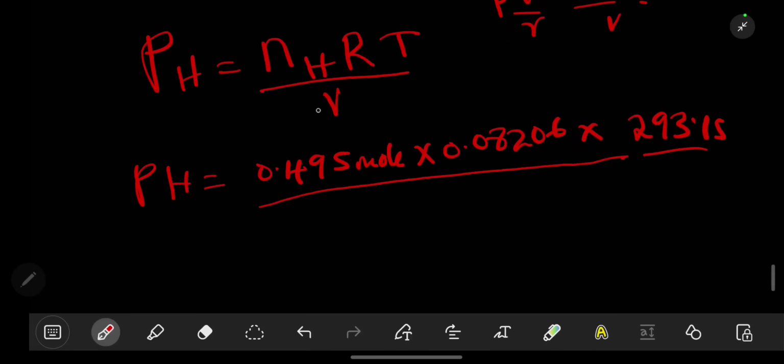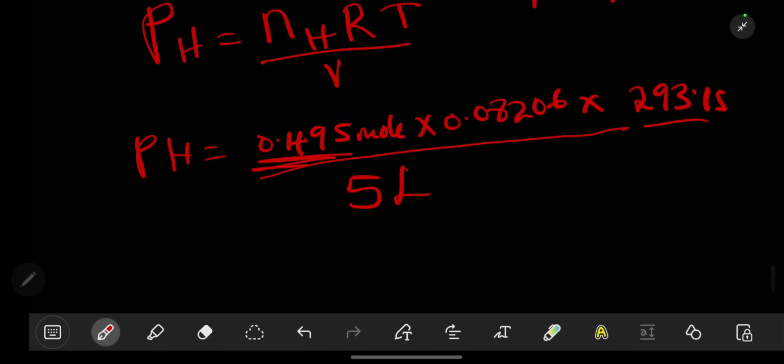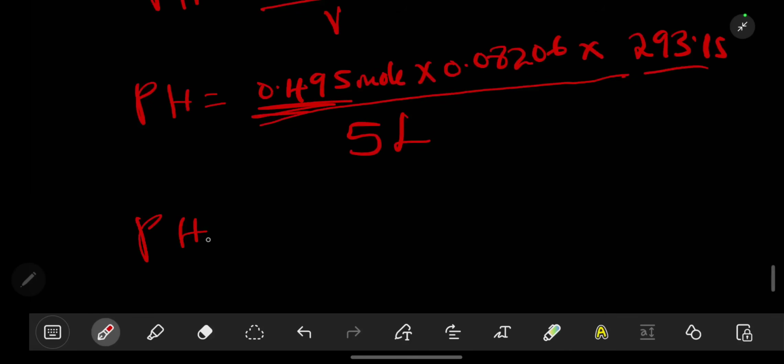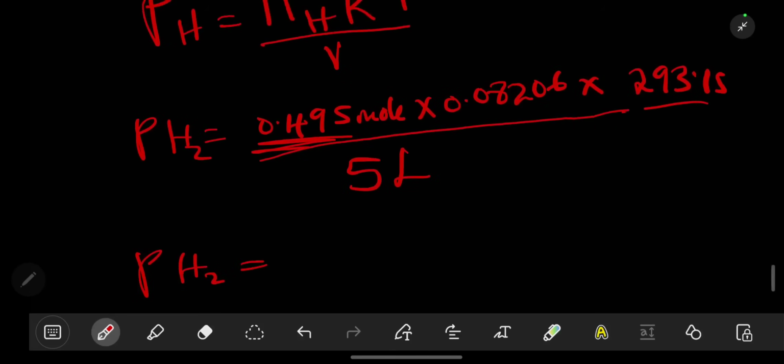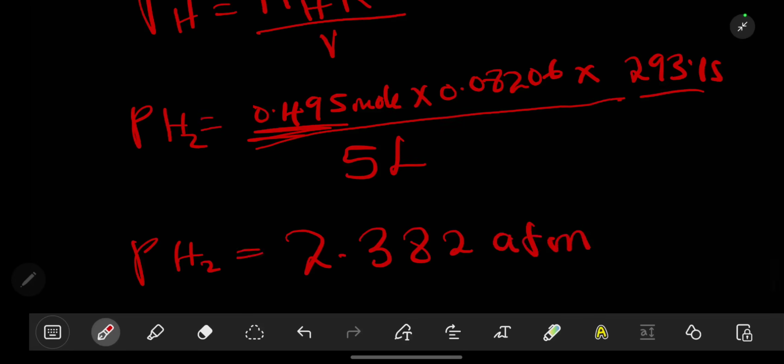The volume is as if it is the only gas, so you consider the whole volume, which was 5 liters. So we multiply 0.495 times 0.08206 times 293.15. Then we divide this value by 5, and we get 2.382. So this will be our pressure in atmospheres.